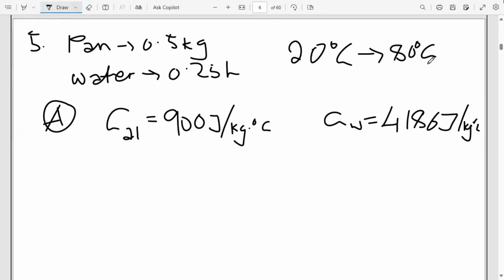So first, before we start solving, we have to make some assumptions because they've told us water is on the pan. So the assumption we must make is that during this process of heating this water, no water should evaporate. That means we should assume that there's no exchange of energy between the system that we've been given and the surrounding that we have. So what are we going to do? Let's now use the formula.